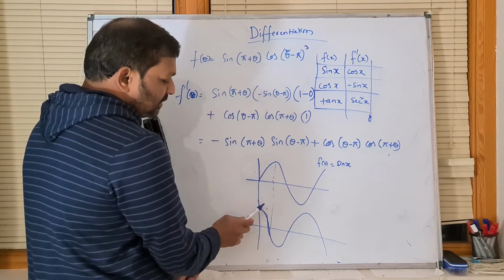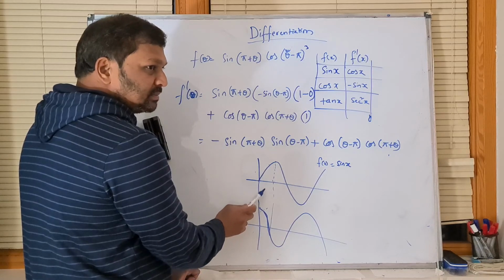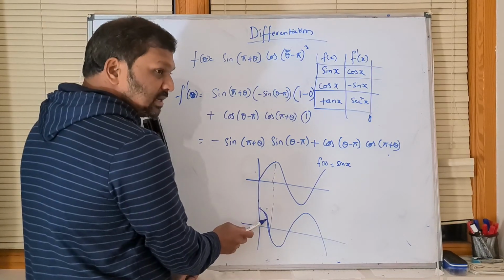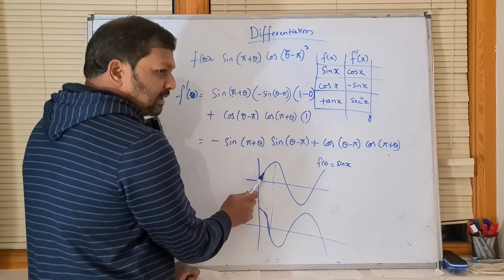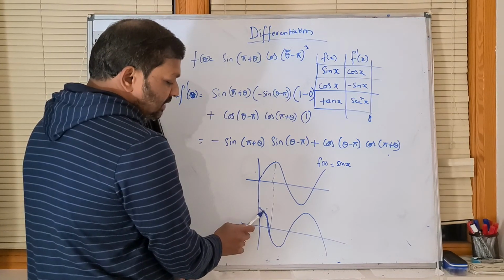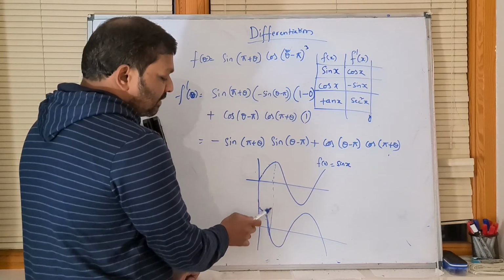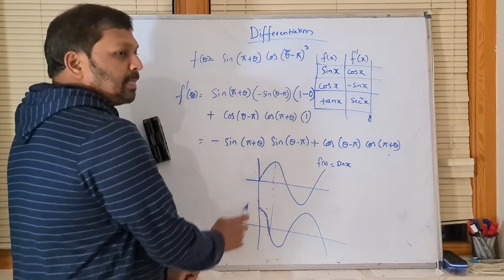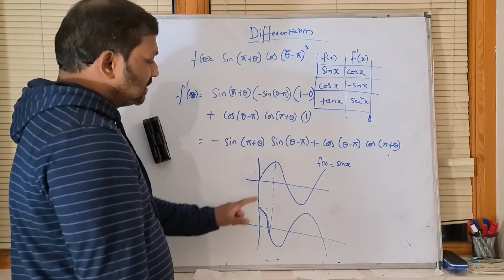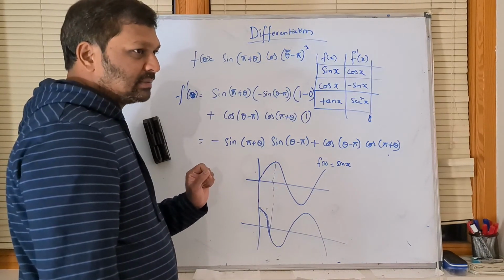This is nothing but the differentiation of sin x, which is cos x, because the slope is very high at the beginning. That is why cos x started with a very high value. When it comes to 90 degrees, the cos x value becomes 0. That means the slope of the sine function is 0 at 90 degrees.